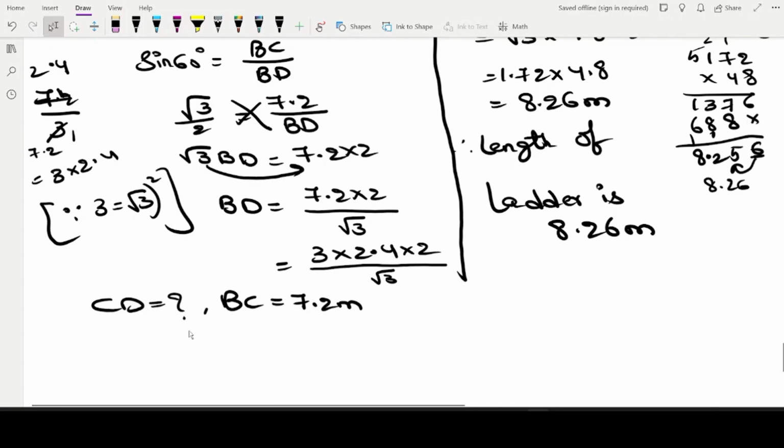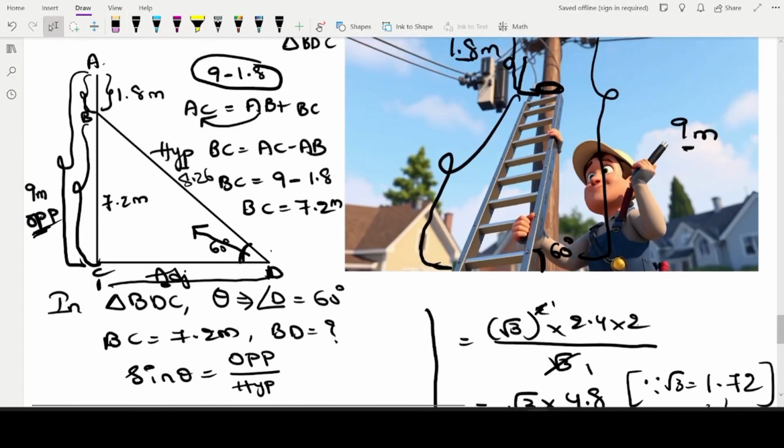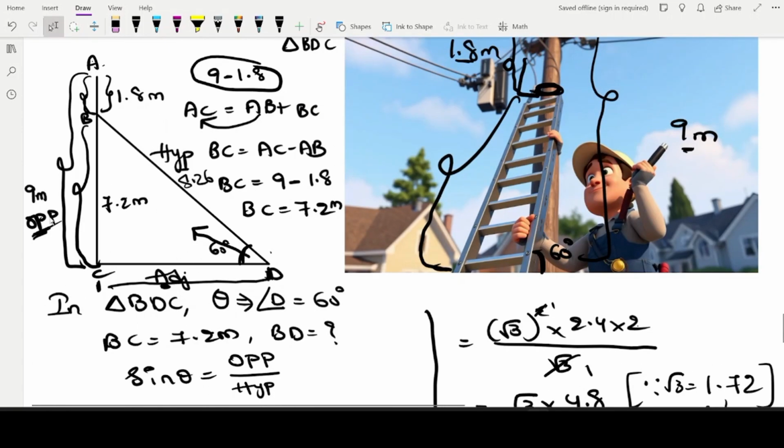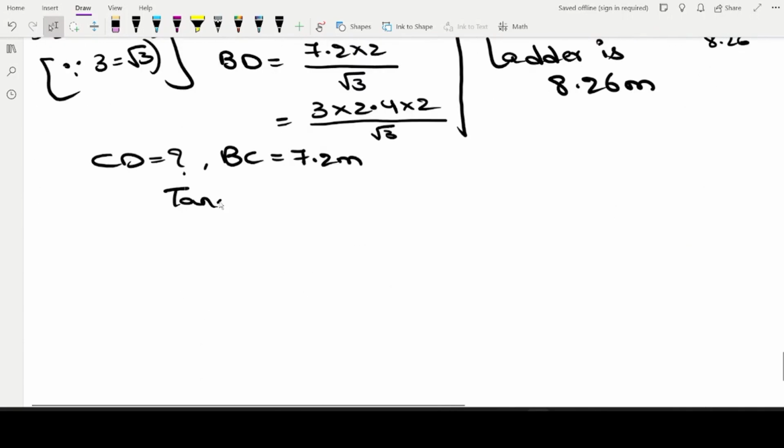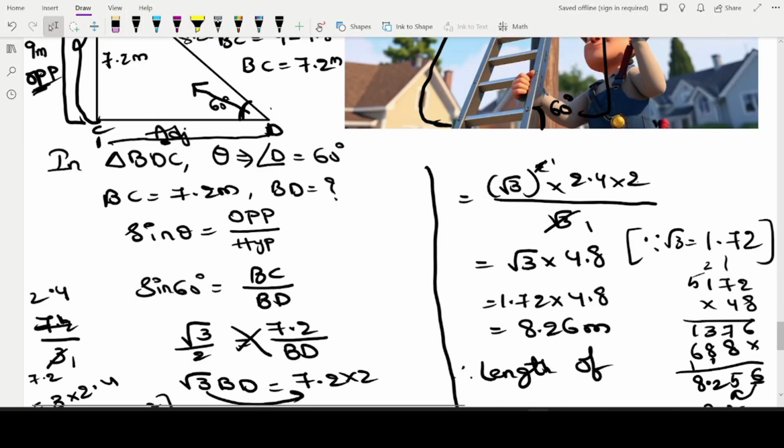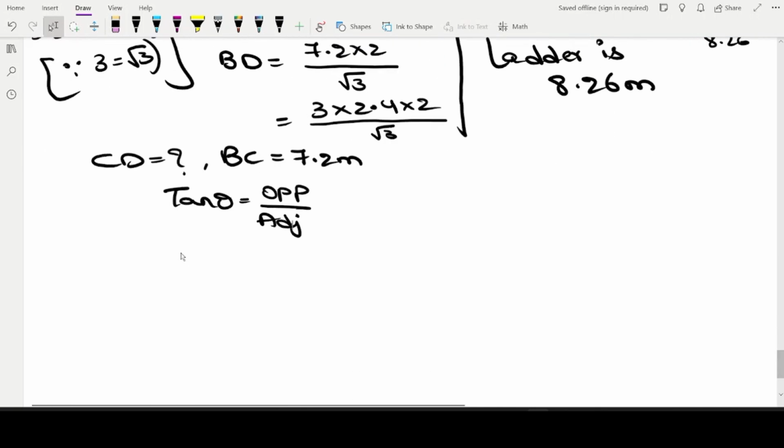So the trigonometry ratio that combines BC and CD will be tan theta, opposite side by adjacent side. Tan theta equals opposite side divided by adjacent side. The given theta value is 60 degrees. So tan 60 degrees equals, what is the opposite side? BC. What is the adjacent side? CD.